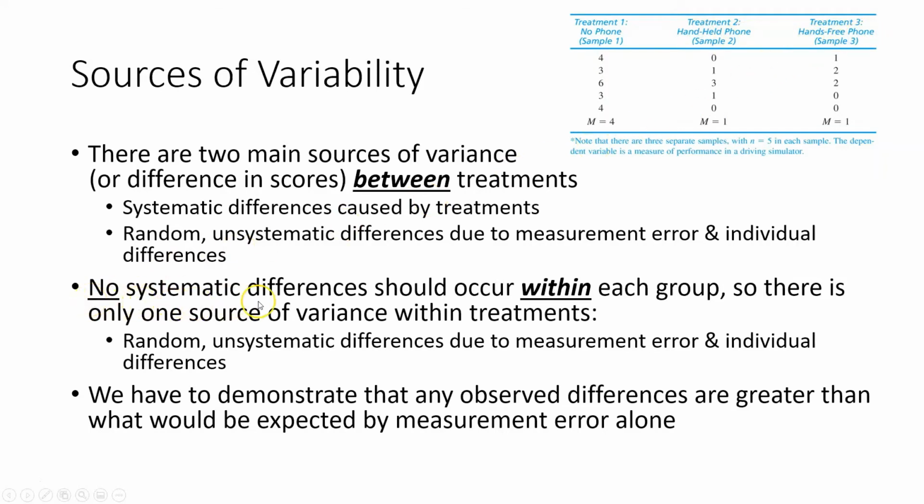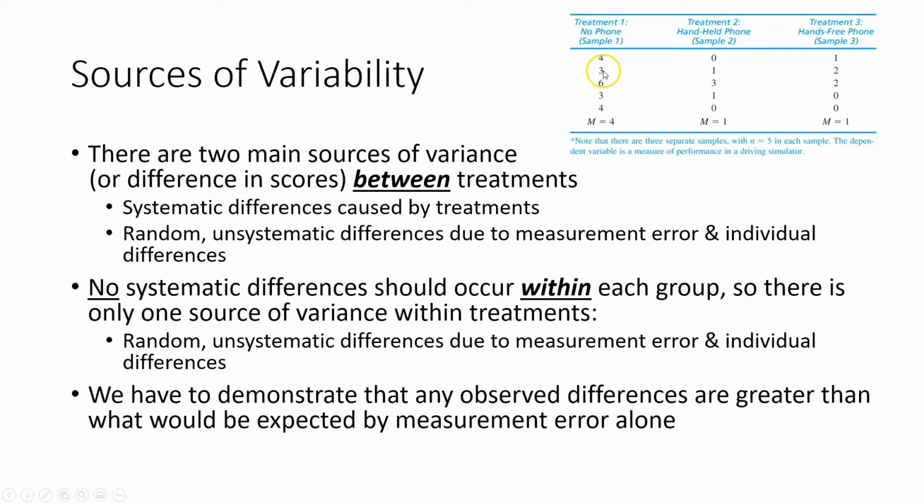There are no systematic differences within each group, at least if you've designed your experiment well, you hope there aren't any. So there's only one source of variance within treatments. That is, if we take one of these treatments and look inside of it, within the treatment, there are differences. 4 is not the same as 3.